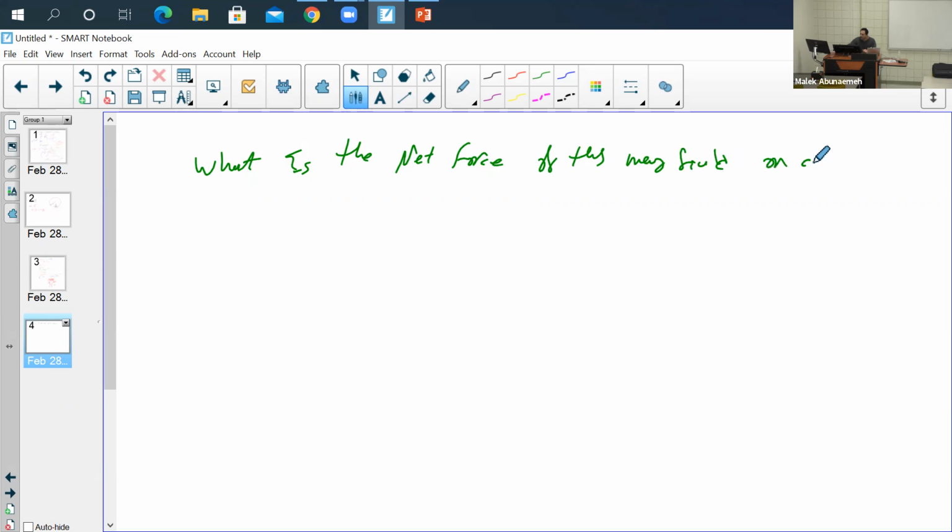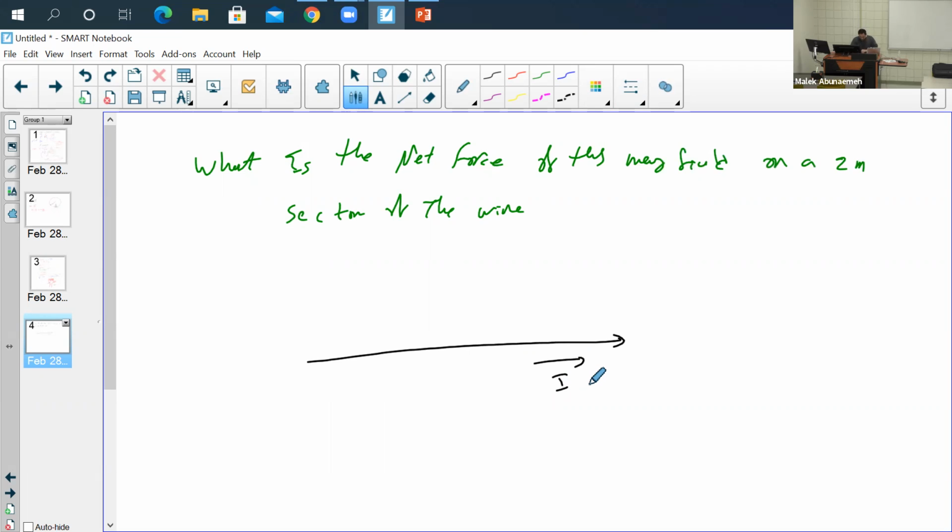Let's say on a 2 meter section of the wire. So let's say we have back our wire, you've got a current going, I, which we defined as 5 amps. And we're looking at a 2 meter section of the wire, which is your length that we're looking at.